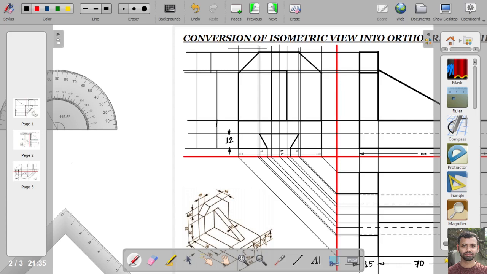This dimension is 22. The next is this dimension, and this one is 40. This dimension is 75 mm.